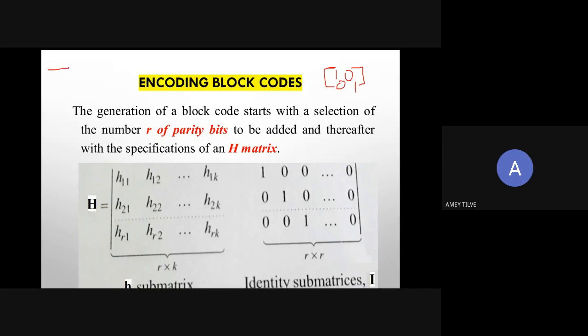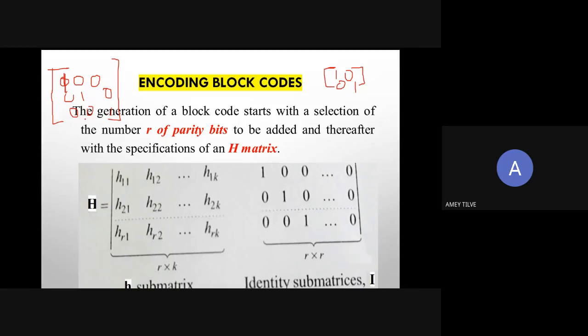If it is a 3 by 3 identity matrix, it is 1, 0, 0, 0, 1, 0 and 0, 0, 1. So this is your identity matrix. Usually when we solve this type of problem using block code, we take our redundant bits as an identity matrix.